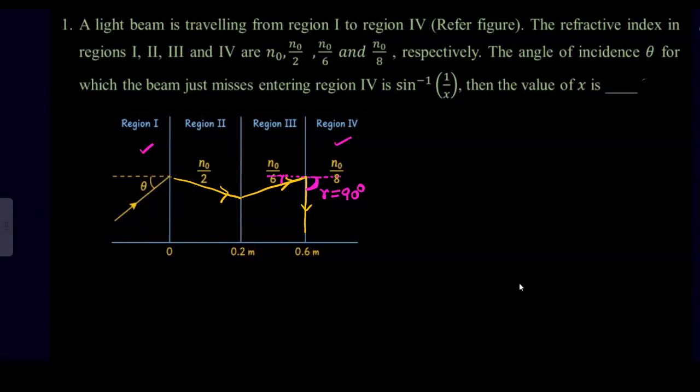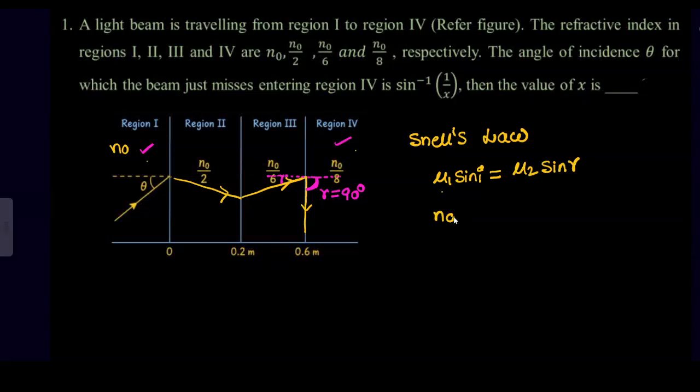Now you can apply Snell's law. Tell me Snell's law. Medium 1 and medium 4 directly. Medium 1 refractive index is n naught. So what is Snell's law? Mu1 into sine i equals mu2 into sine r.